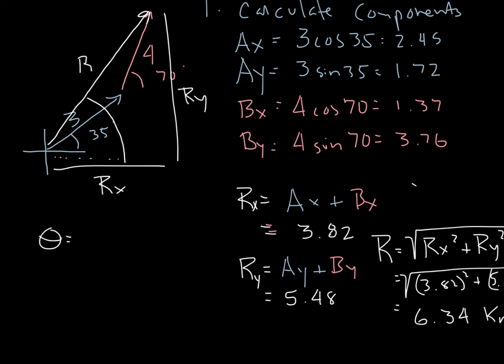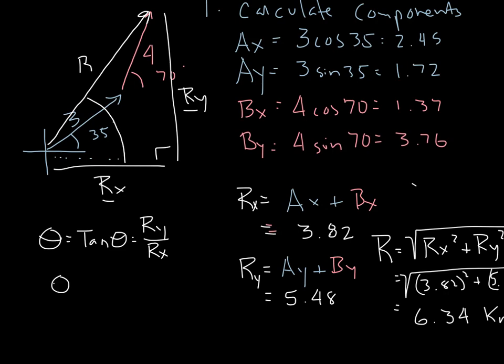Theta is based upon the opposite side of this right triangle that's formed right here over the adjacent. So we know that tangent theta is equal to Ry divided by Rx. That's the idea that opposite over adjacent. Opposite the angle, adjacent the angle.